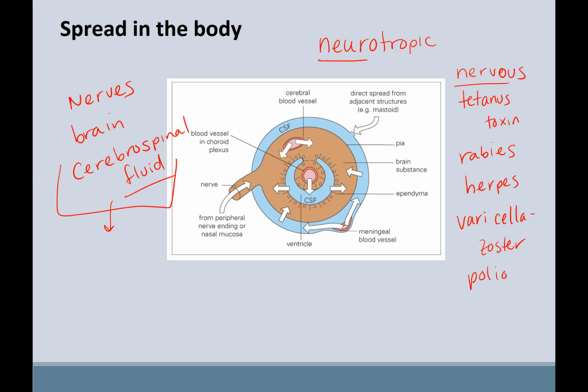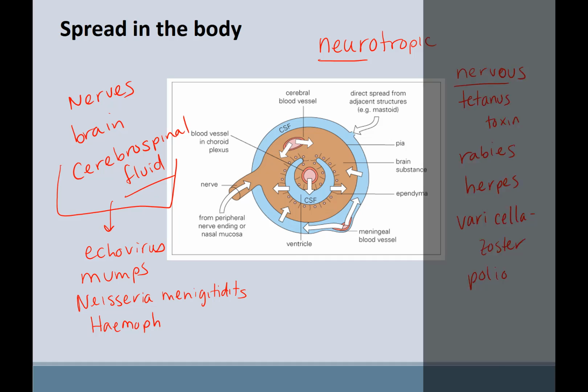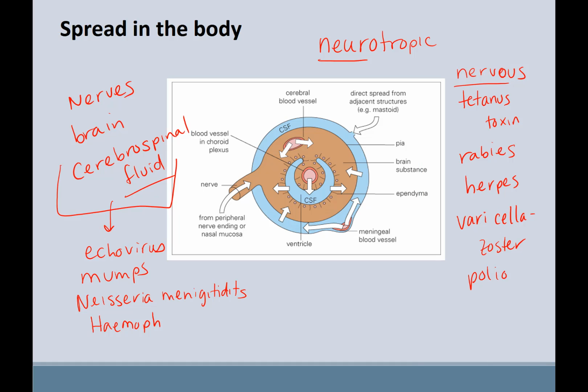Cerebral spinal fluid, there are things called echovirus and mumps and Neisseria meningitidis. Haemophilus influenzae, which is not the flu, but it's actually a bacteria we now have a vaccine for.